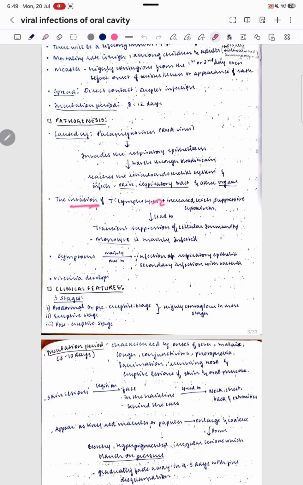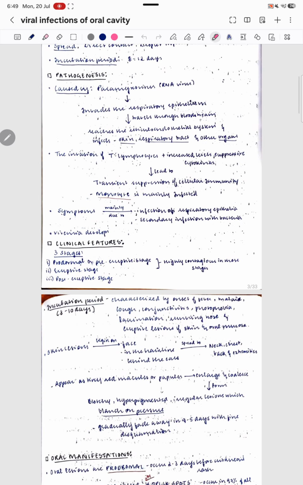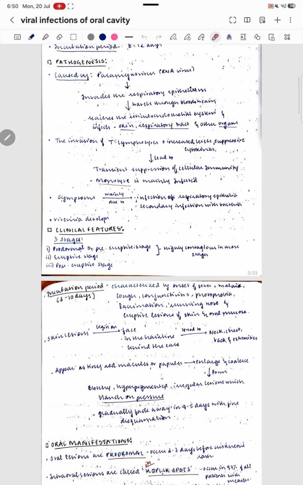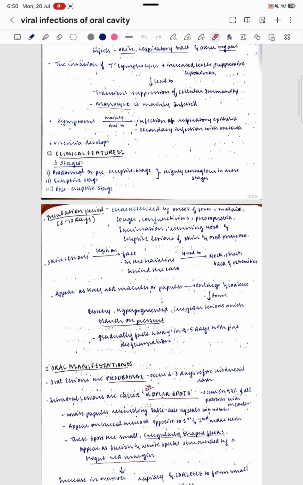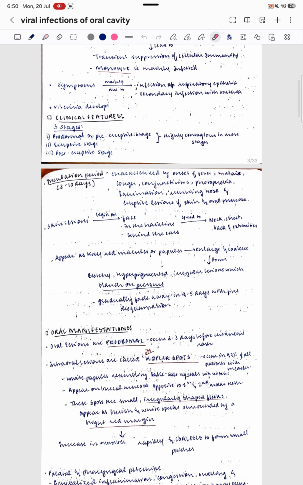Then there is invasion of T lymphocytes with increased levels of suppressive cytokines, which leads to transient suppression of cellular immunity. So it suppresses your cellular immunity. Monocytes are mainly affected. Symptoms are mainly due to the infection in the respiratory epithelia or secondary infection with bacteria. Now, clinical features.